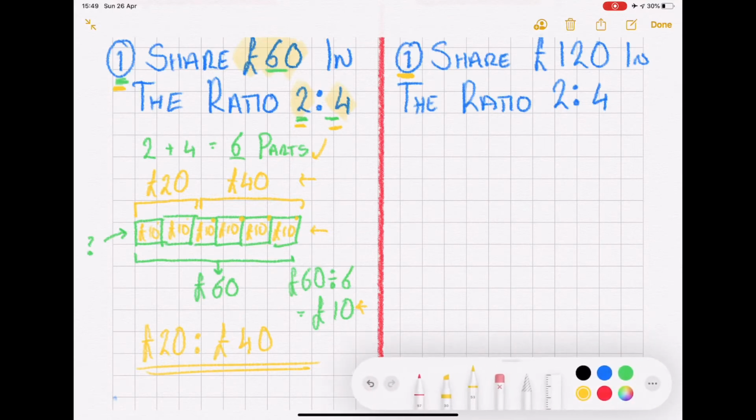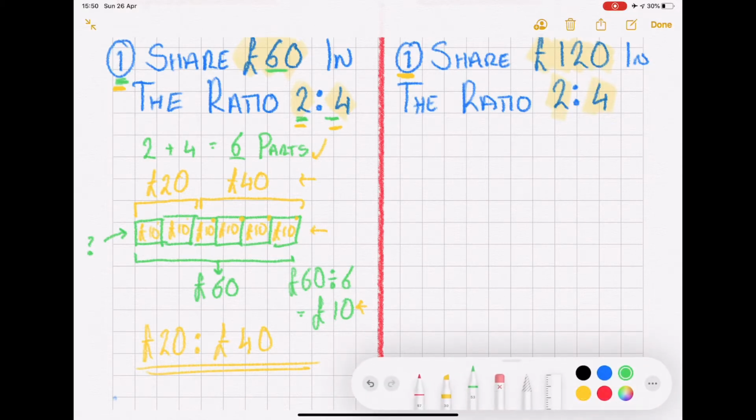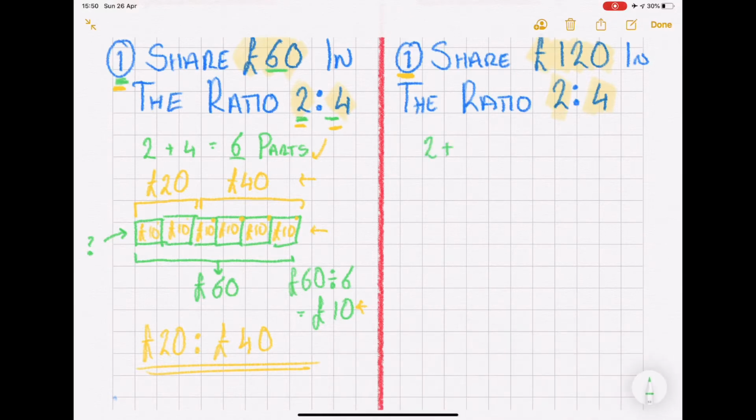Okay, fantastic. Let's go through this right-hand example. So we're sharing £120 in the ratio 2 to 4. Okay, £120 in the ratio of 2 to 4. So let's work out how many parts or how many boxes we have in total. So that's 2 plus 4 equals 6 boxes, or parts, whatever you want to call them.